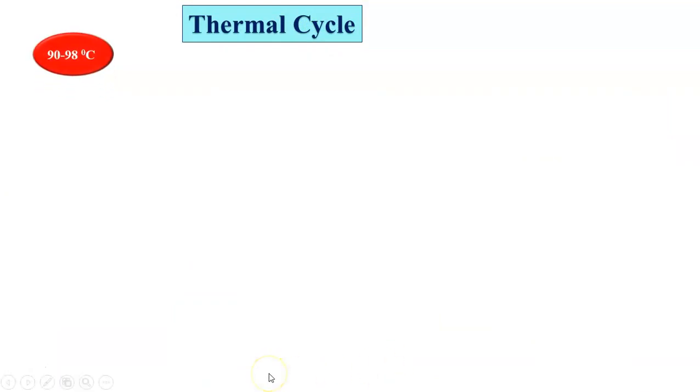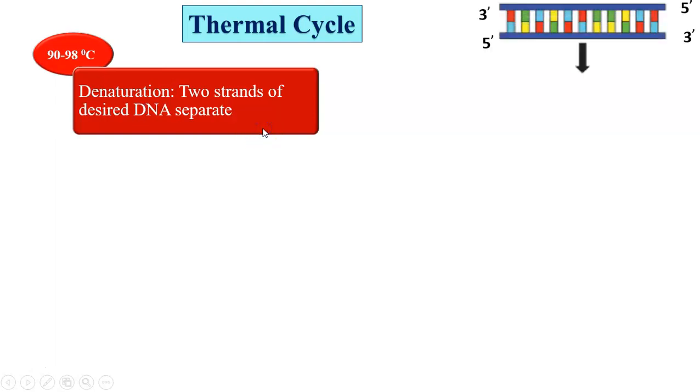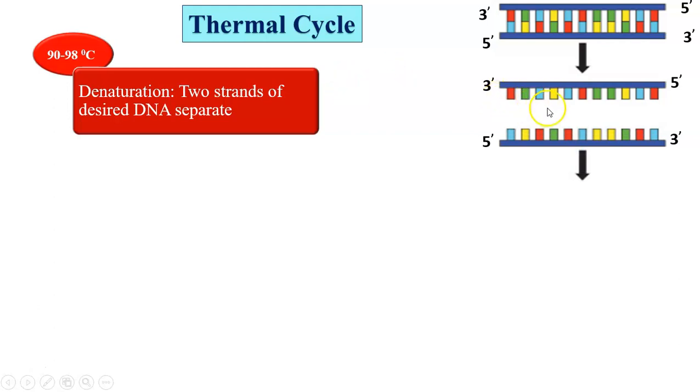The 90 to 98 degrees Celsius is the initial very high temperature. Denaturation step occurs. The two strands of DNA separate by breaking of hydrogen bonds. So double-stranded DNA has become now single-stranded DNA, and each single strand will act as a template.